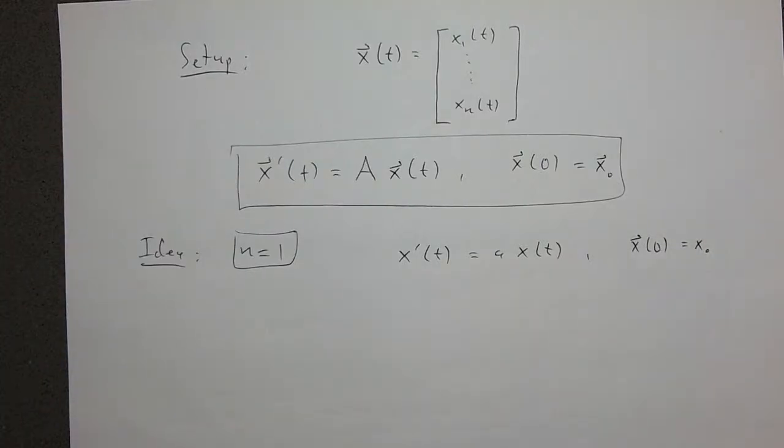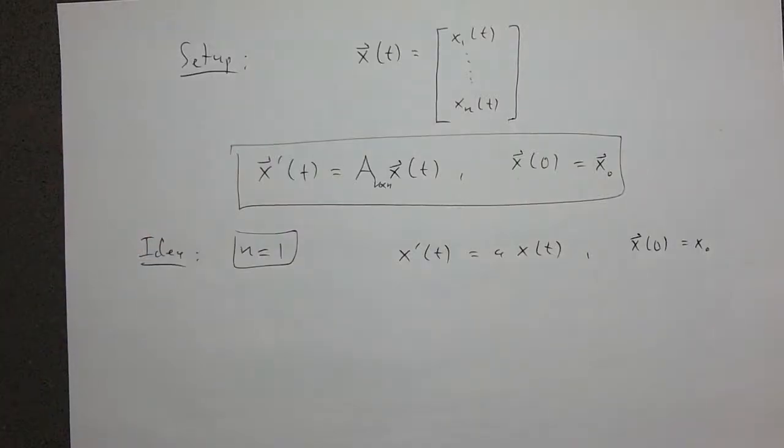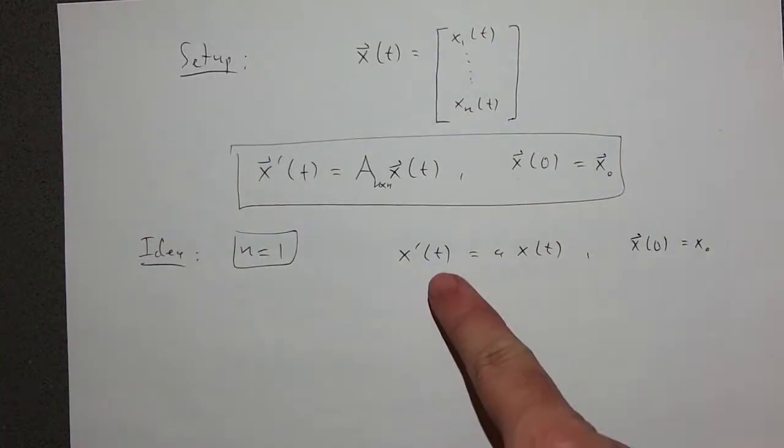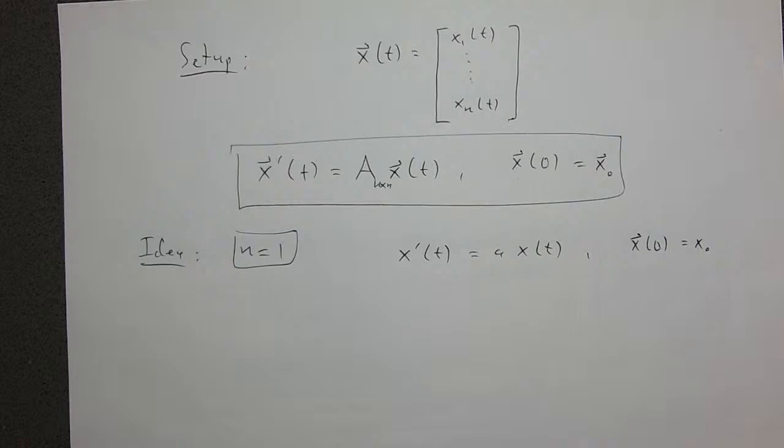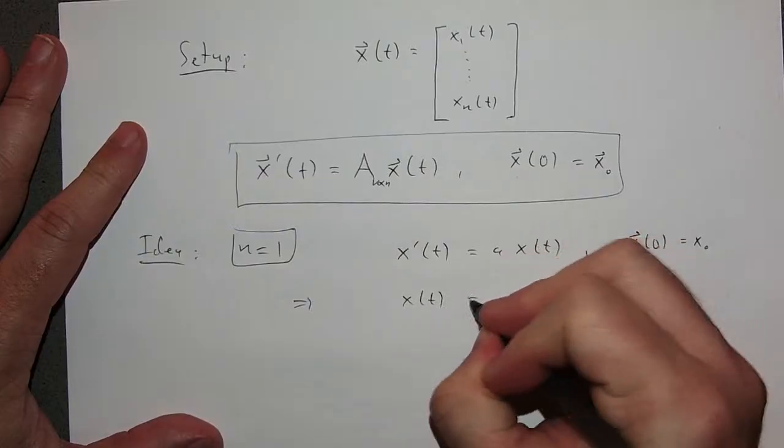This A is now a 1 by 1 matrix instead of being an n by n matrix like this A. So the derivative of the function is equal to A times the function itself. What solves this? Well, of course, we know what the solution is here.